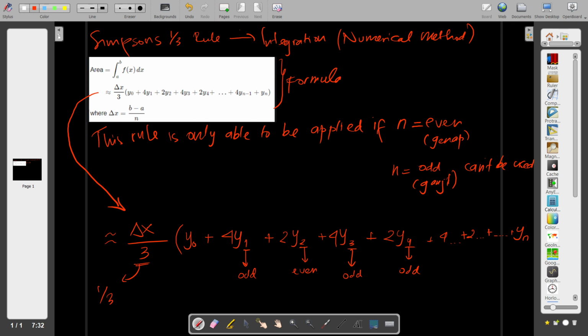Okay, now we get the pattern here. When the sub number of y is odd, or ganjil, then it is multiplied by 4.